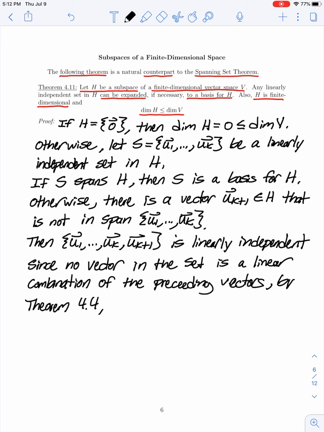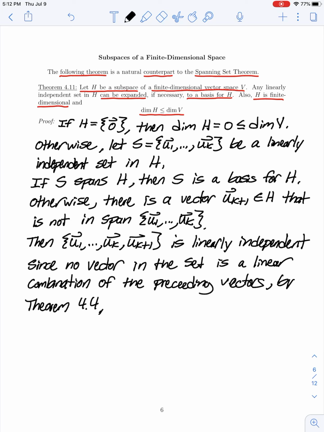So by adding that additional vector uk plus 1, we still have a linearly independent set of vectors, because uk plus 1 was not a linear combination of the preceding vectors, and the set S was already linearly independent in the set H.